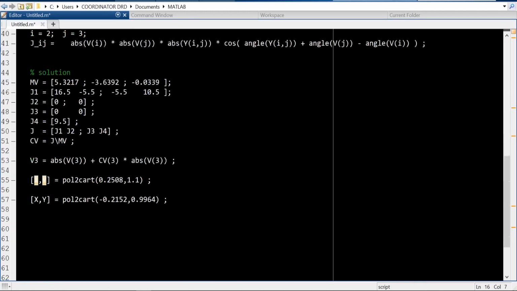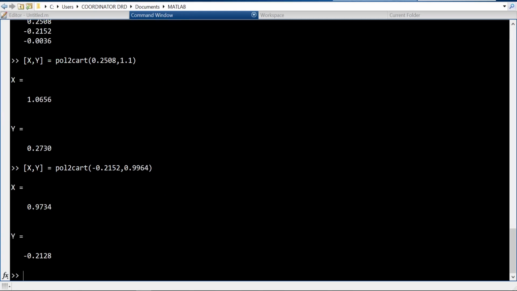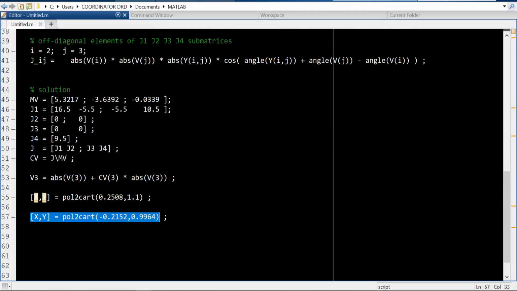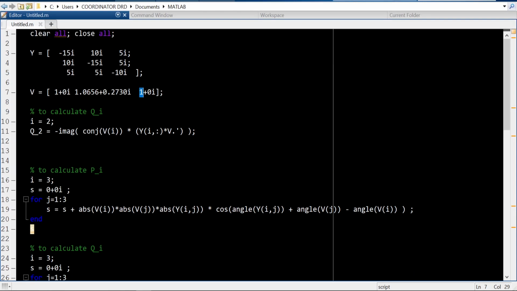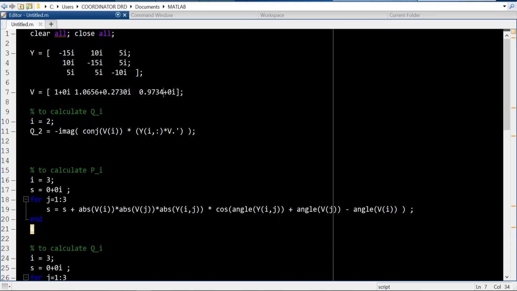Similarly, if I run this one, this magnitude and this angle, polar to Cartesian, and convert this to real and imaginary. Now I got these two values. This is the real part, copy, and this is V3. Now I have updated my voltages.